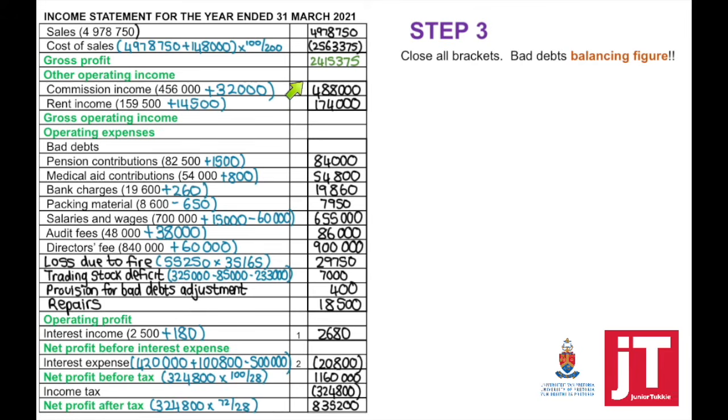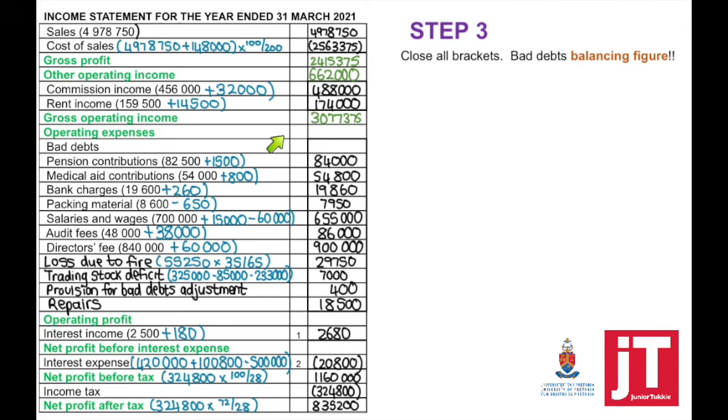To calculate the operating income, we have to add the commission plus the rent income. Once we've got the operating income, we can calculate the gross operating income. To calculate that, we take the gross profit plus other operating income equals the gross operating income.